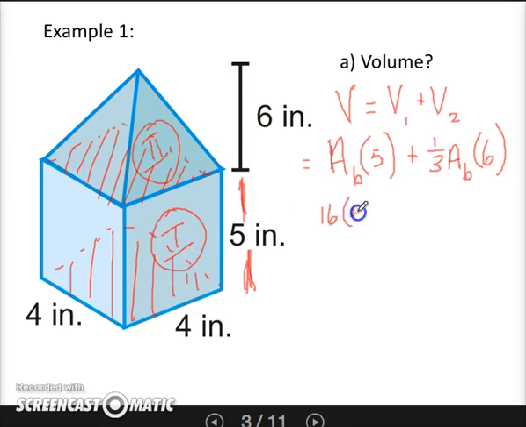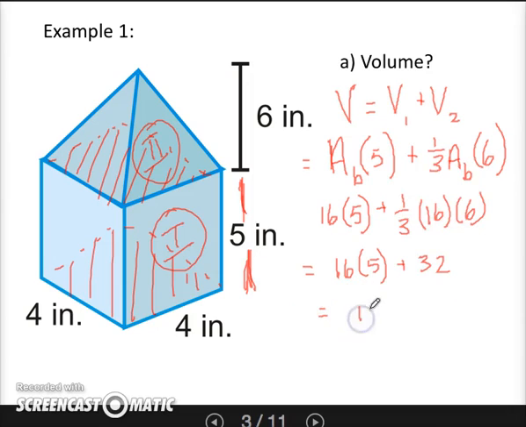So I have 16 times 5 plus 1/3 times 16 times 6, which gives me 80 plus 32, which gives me 112 cubic inches.